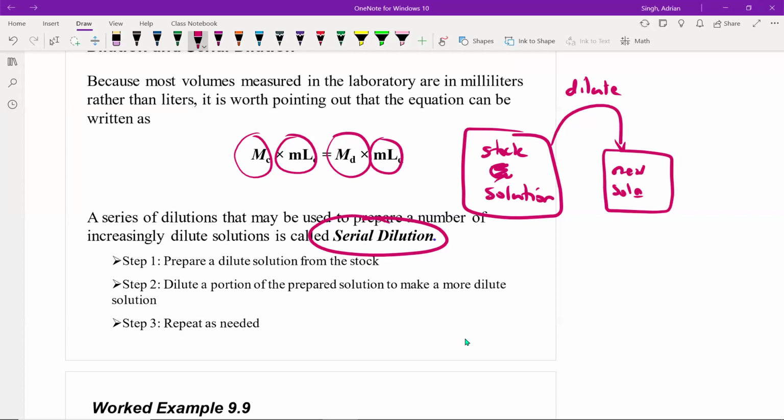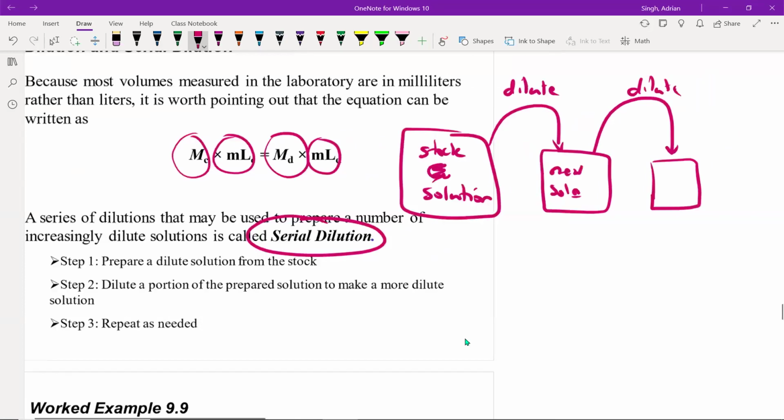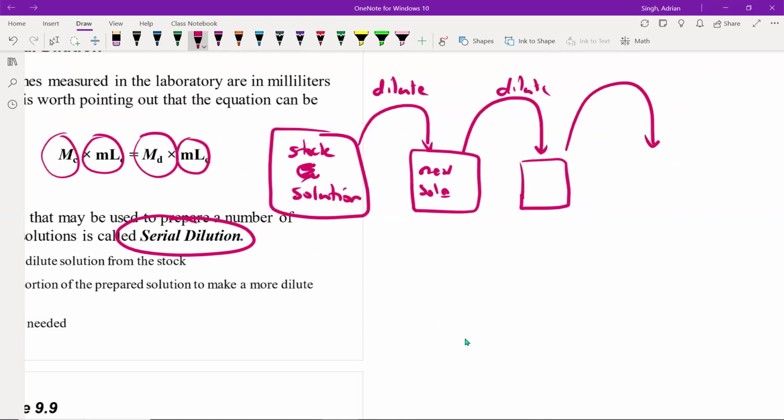And then we're going to take that solution and dilute that again to end up with our second new solution. And then we're going to continue doing that, diluting the previous solution to end up with our new solutions after each turn. Because we're doing it in series, one after the other, this is called serial dilution.